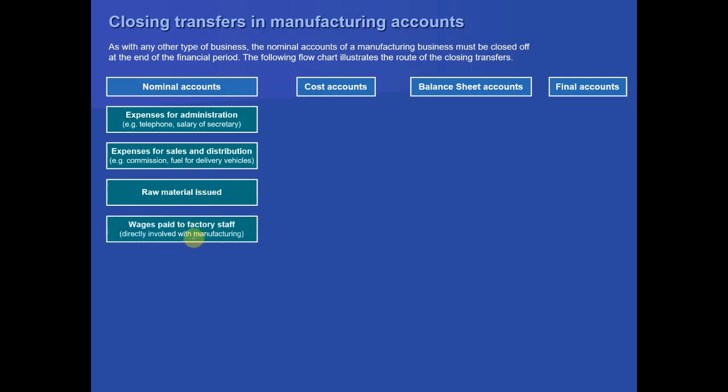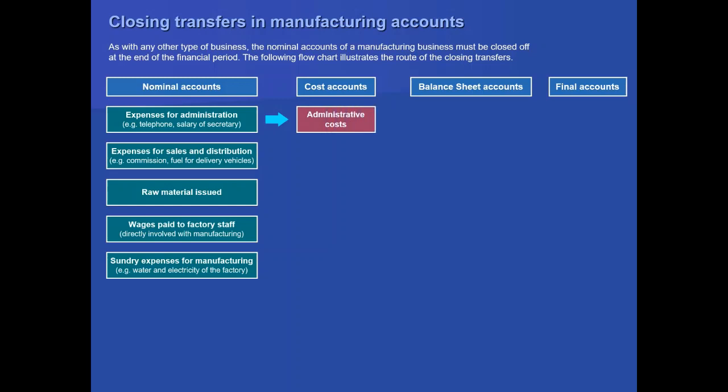And we have the wages paid to the factory staff, the ones directly involved with manufacturing. Also we have the sundry expenses for manufacturing, for example water and electricity of the factory.